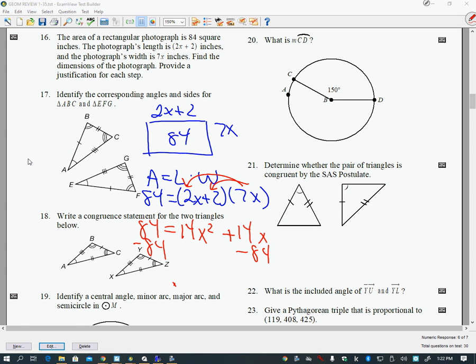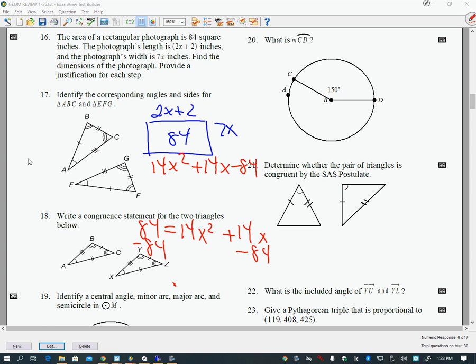For sake of space and time, I'm going to erase some things and write back in this space so we're not going back and forth between pages. We're going to rewrite this as 14x squared plus 14x minus 84 equal to 0. So we're just moving that up.